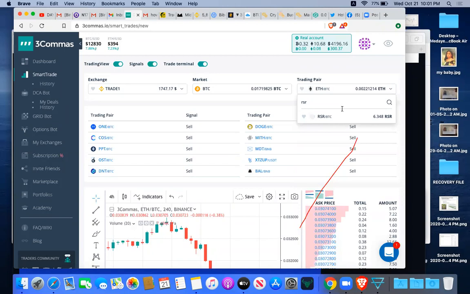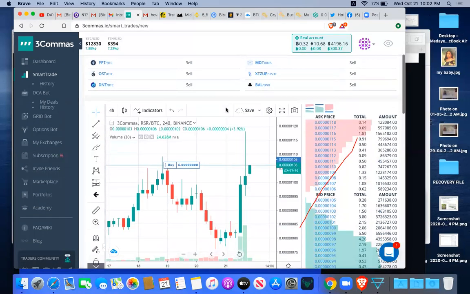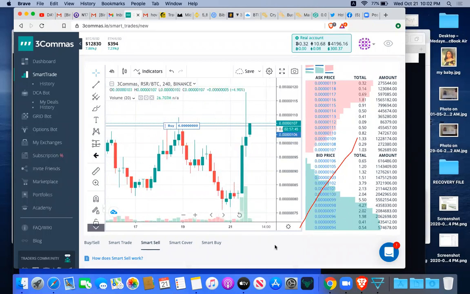Let me just use an example. So BTC to RSR, okay? Now, you can see, wow. Oh, all my RSR, man, it's crazy. You can see the dip the RSR did and then start moving up. I didn't know the market bought and sold for me, and that's fantastic.